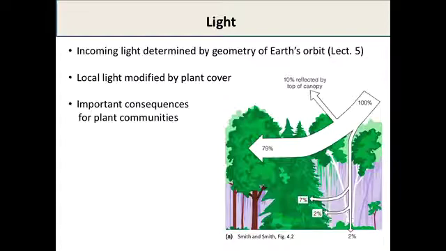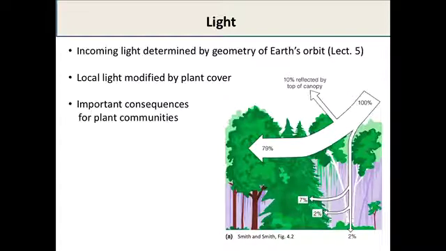The majority of it, though, is absorbed by plants. Essentially the first leaf that light hits will get the majority of that energy. So the majority, 80% in this estimate here, is absorbed at the forest canopy.